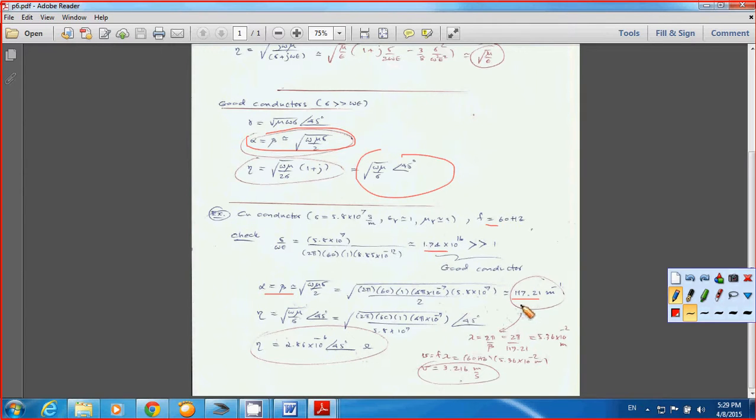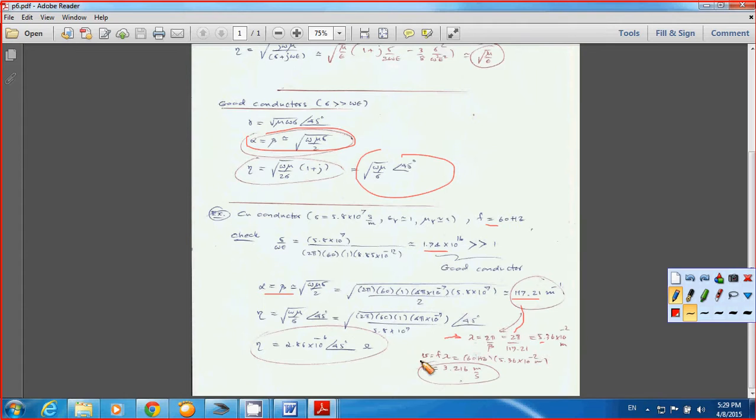And now from beta here, you can find your lambda by the relation lambda equal to 2 pi over beta, right? You already know this one here. And you plug in beta, 117.21. This gives you lambda to be 5.36 × 10^-2 meter.